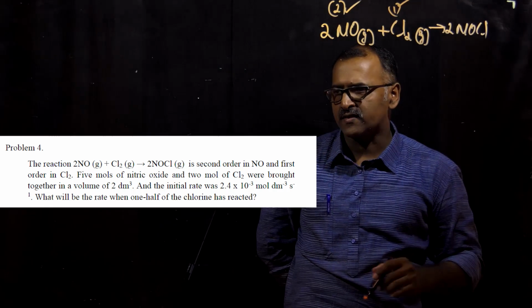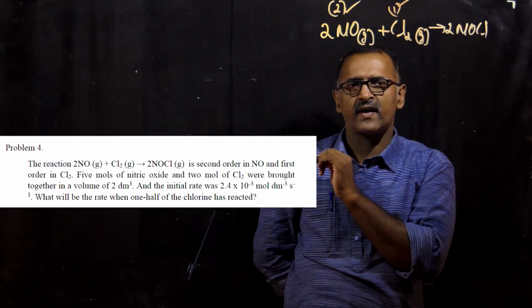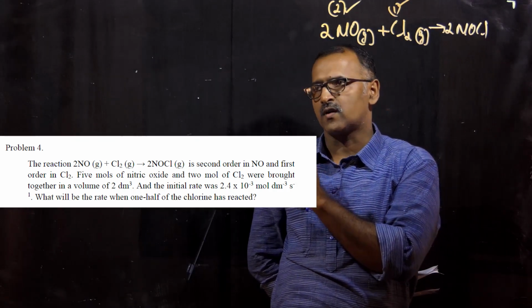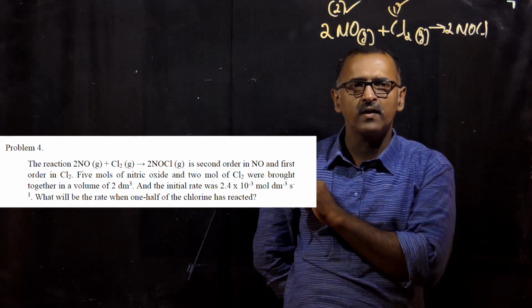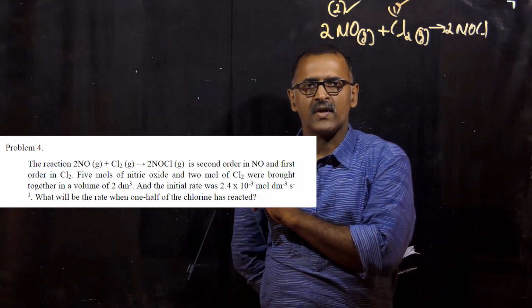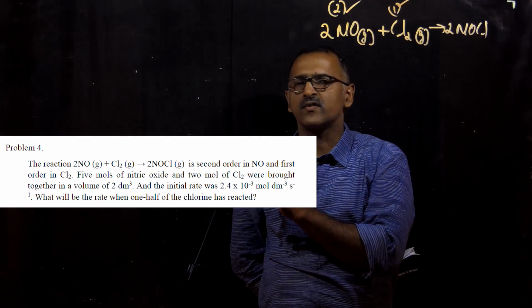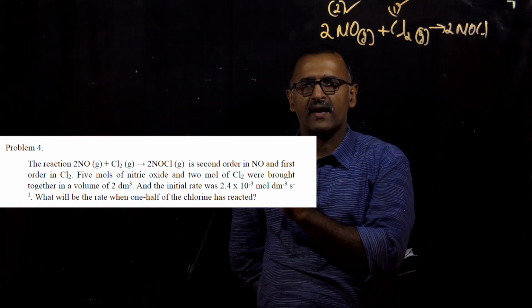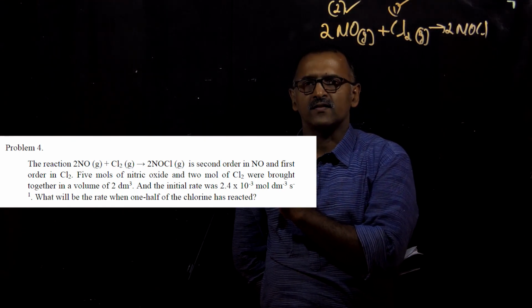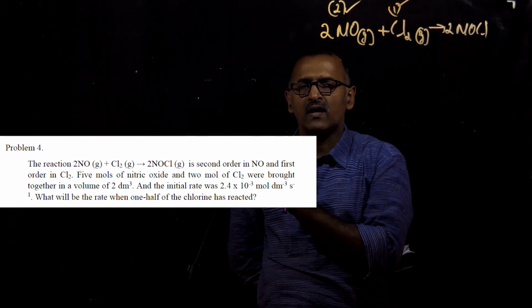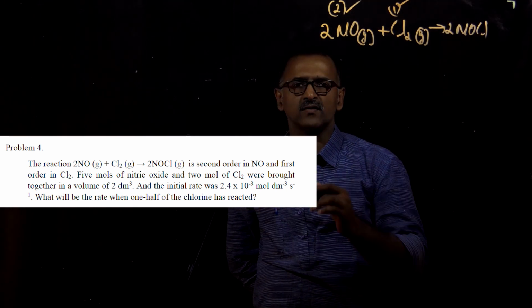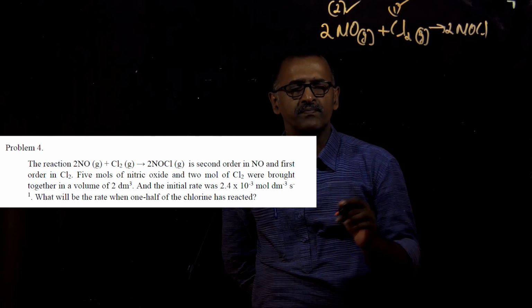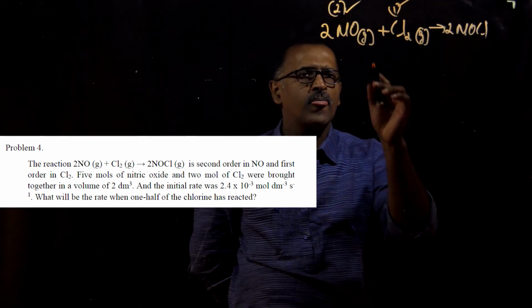5 moles of nitric oxide is reacting with 2 moles of Cl2, whereas the reaction vessel's volume is given as 2 dm3. The initial rate was 2.4 into 10 to the power of minus 3 mole dm minus 3 S minus 1. What will be the rate when half of the chlorine has reacted? So how to solve this problem?